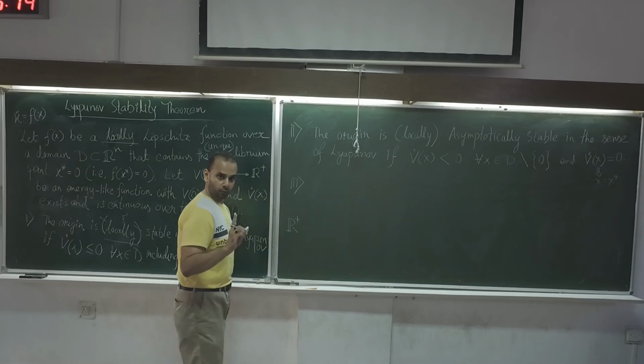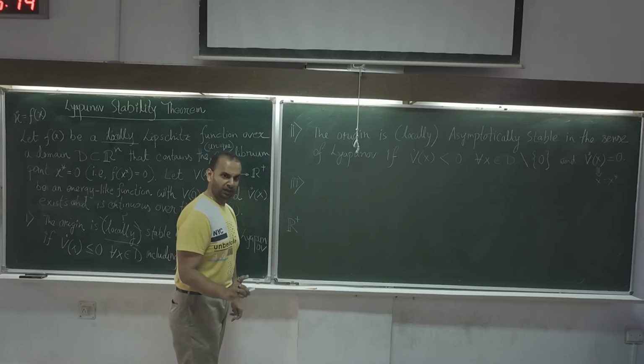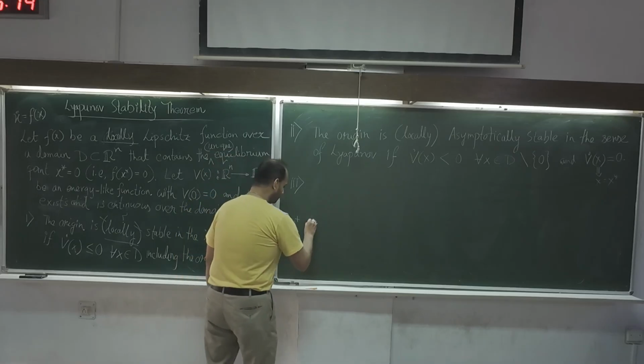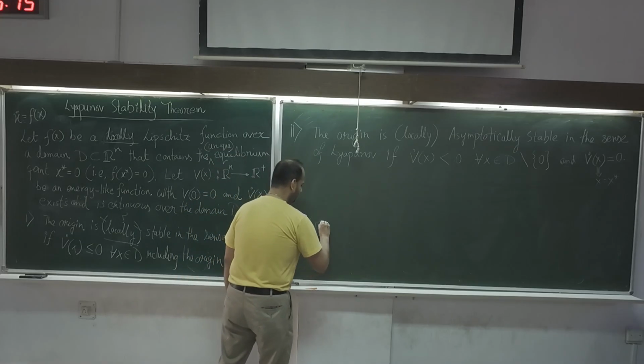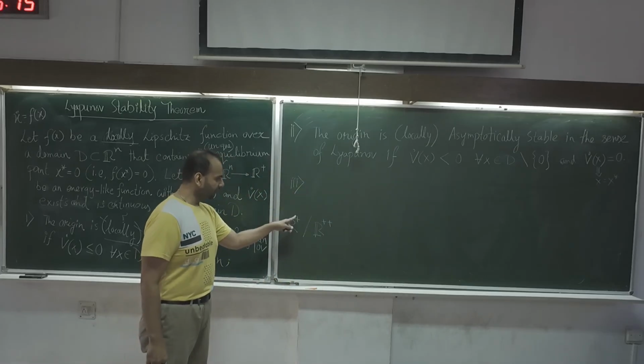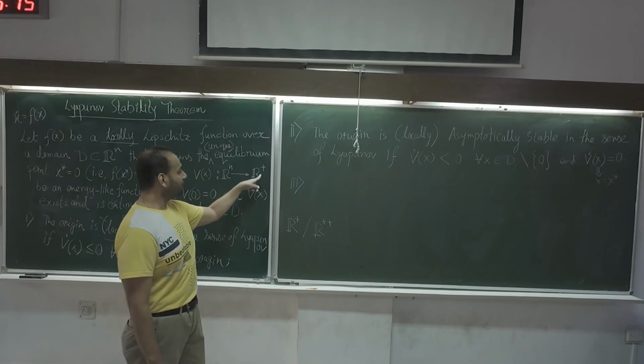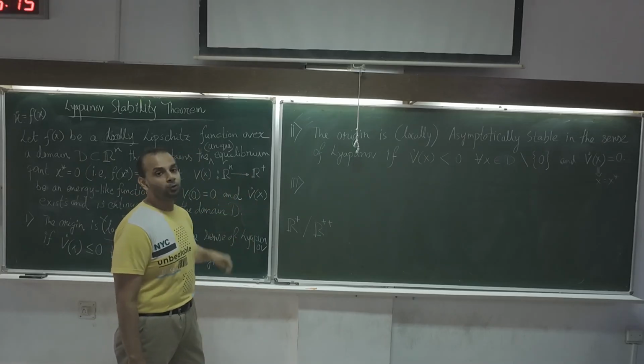Some authors use R plus to indicate all positive real numbers including 0, and some use another notation, R double plus, that is strictly positive. But here I didn't use it in the sense of inclusive of 0.